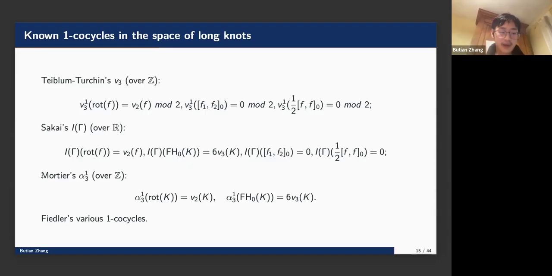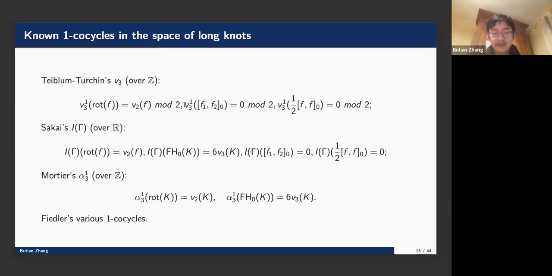We also have Mortier's one cocycle alpha 1 3, which is Z-valued, and he also calculated the values of his one cocycle. This one cocycle alpha 1 3, alpha 3 1, is a combinatorial one cocycle. We shall introduce it in more detail very soon.